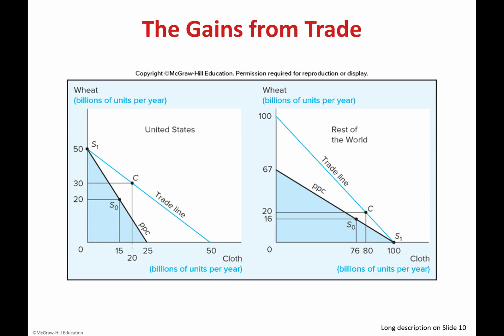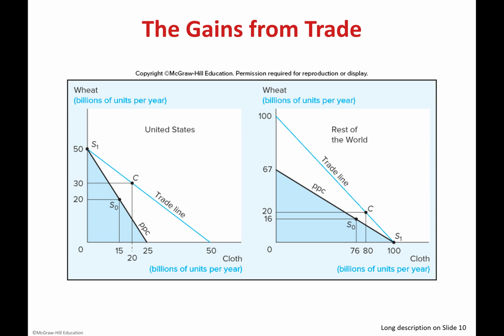So let's look at the first PPC. If we move down that PPC slope for the US, we give up 50 billion units of wheat, and we gain 25 billion units of cloth. So the slope of that curve, the line labeled PPC that goes through S1, S0 and hits the x-axis at 25, is 2 for 1, 50 divided by 25.